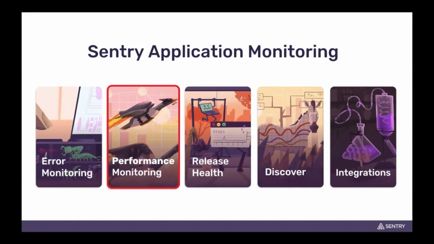The point is that we want to let developers know the quality of their code, not just regarding errors, but regarding the performance, how the code is behaving, how long things are taking, should they be concerned, or go back to developing new features, bug fixes, and improving the product that they're working on.